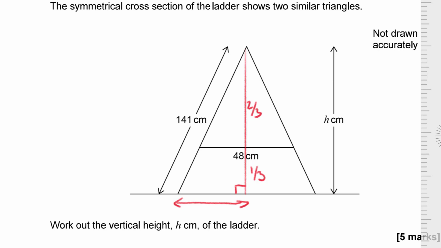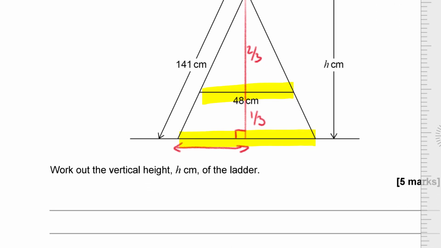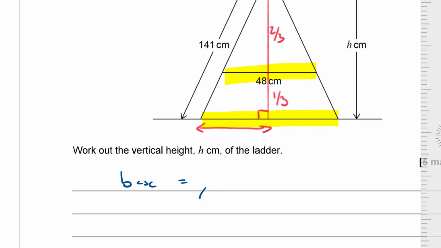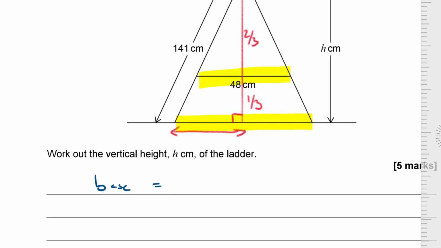Now, if it's in the ratio of 2 to 3, and this distance is 48, we can use that to work out the length of this baseline. So I'm going to say that the base of my larger triangle is going to be 48 centimeters, which is the baseline of the smaller of the two triangles, and then I'm going to divide that by 2 and times it by 3, so it's 3 over 2 lots of that, isn't it?